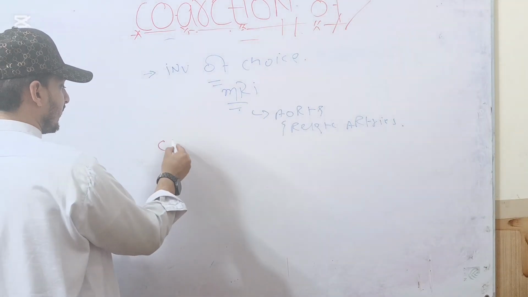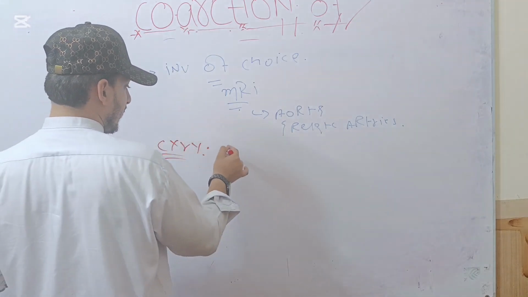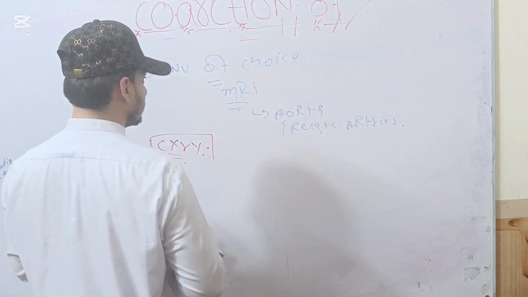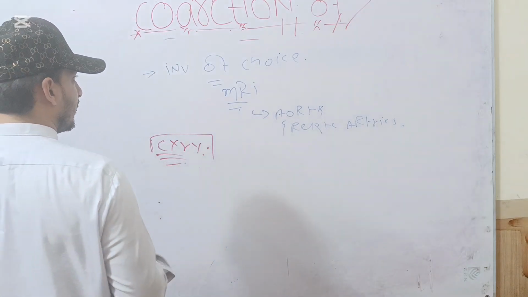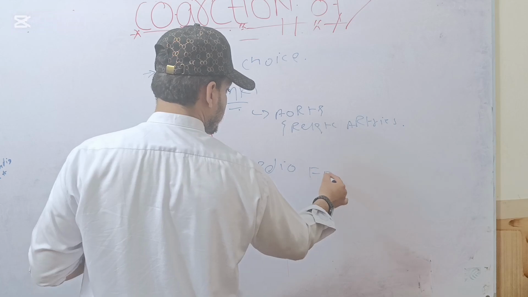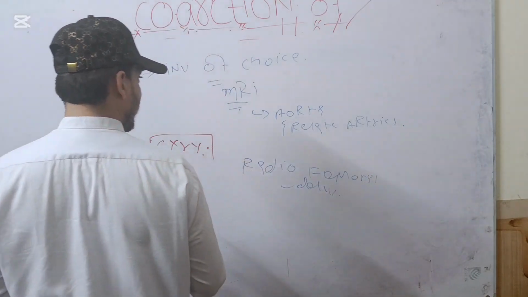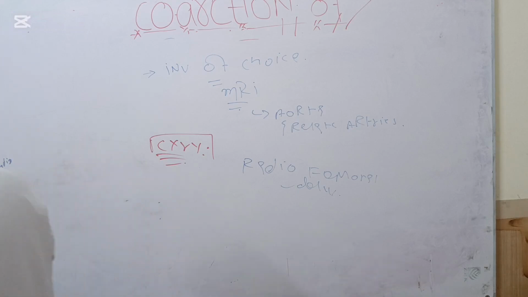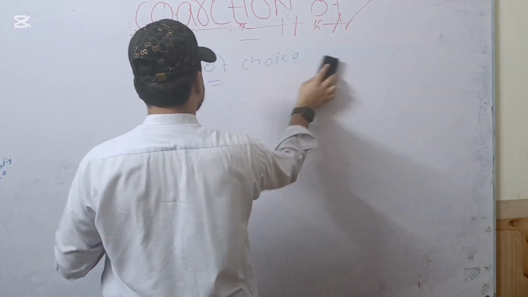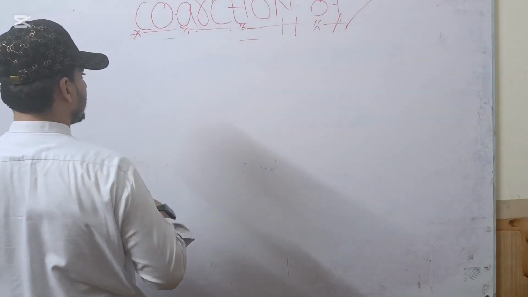In chest X-rays, we see aortic coarctation and these arteries. And radiofemoral delay, and the treatment.